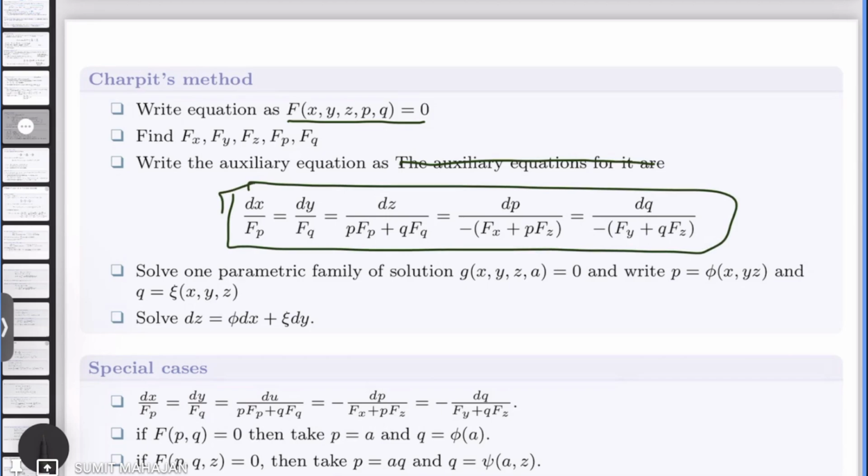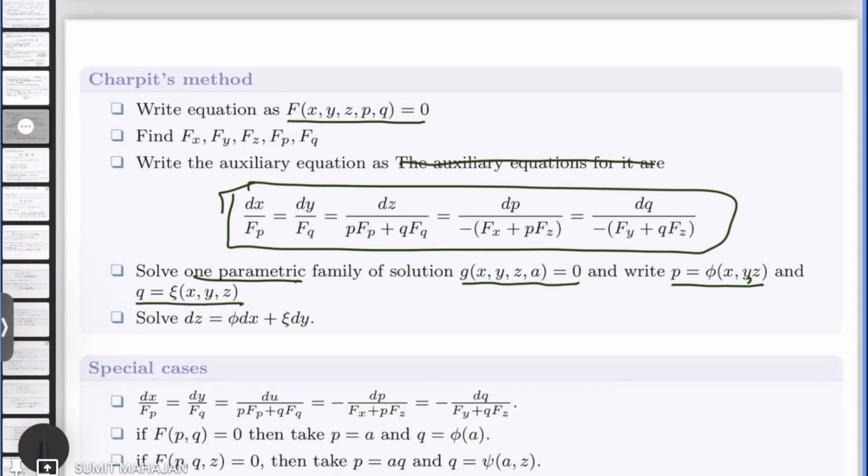We'll try to solve the equation in terms of p and q. Basically, we'll find one solution, a one parametric family, g of x, y, z comma a. Since we are solving a differential equation, there will be a constant also. We'll try to write p in terms of x, y, z and q in terms of x, y, z. So this is our motive.